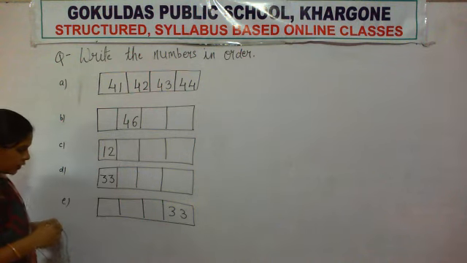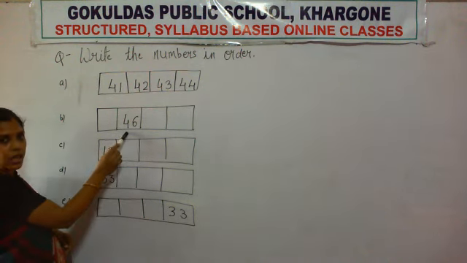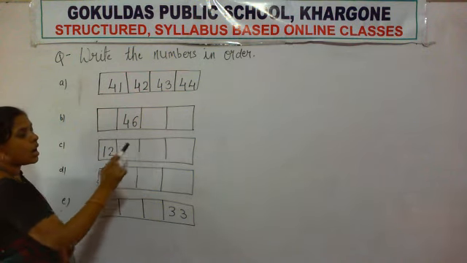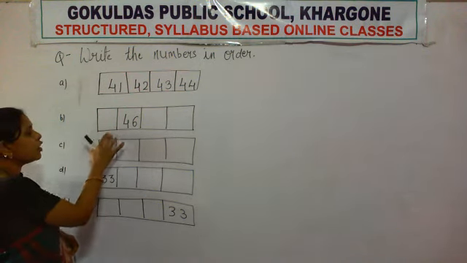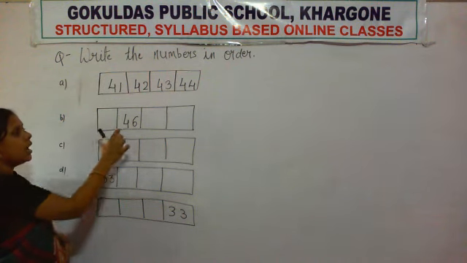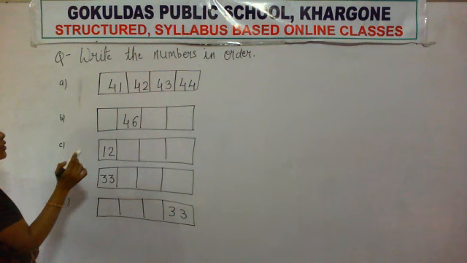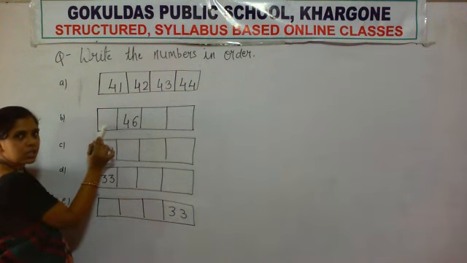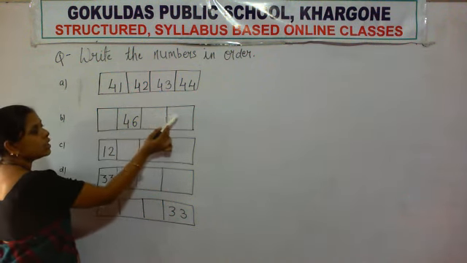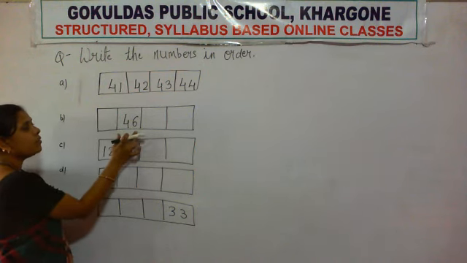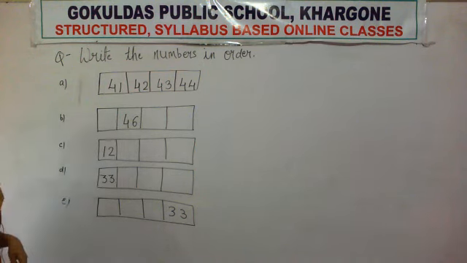This number is given in the middle, and the box before is also empty and the boxes after are also empty. Before 46 one box is empty and after 46 two boxes are empty. So we have to fill one box this side and two boxes this side. If this box is empty, that means we have to write one number before 46.